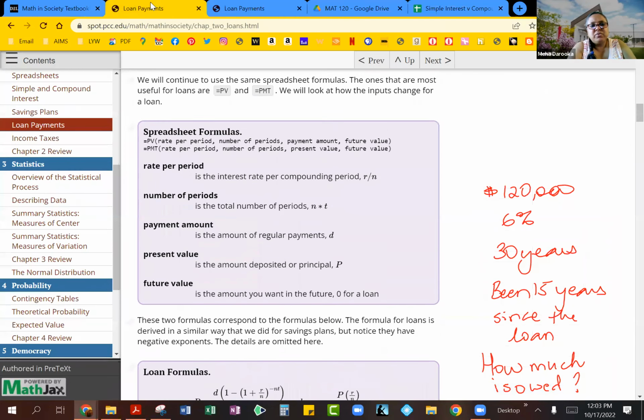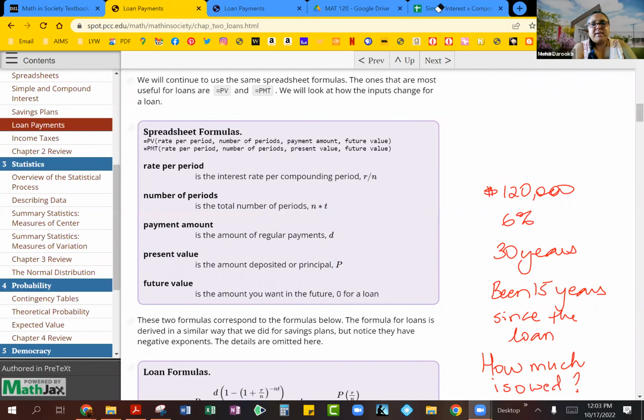Just to show you over here for the present value formula, you're again doing rate per period, so R divided by N. For the number of periods, it's going to be N times T. Now, this is where you're going to put that payment amount, which is what we just calculated, the $719. And our future value is still going to be zero because you're still going to be paying off your loan. So that's what this will come out to be for the present value.